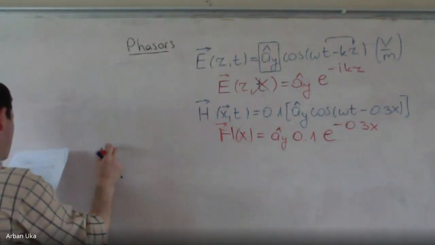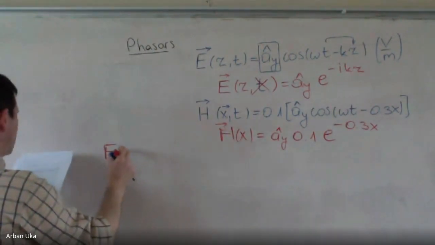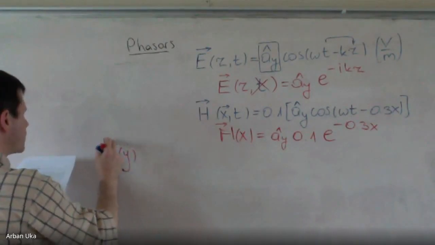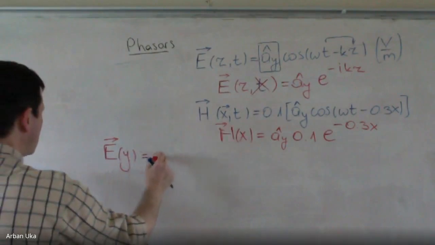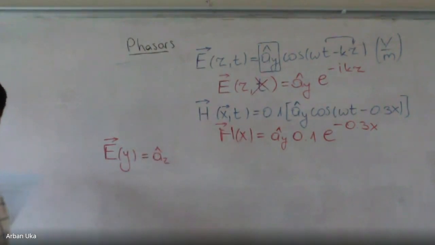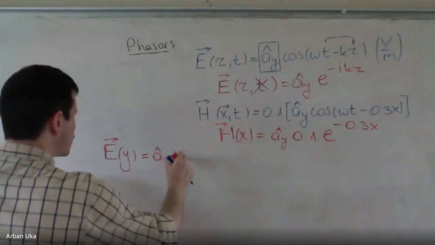Let's assume that we have an electric field now, which is a function of y. If this electric field is a function of y, this indicates that this is a phasor, so apparently it's not depending on time, or the time dependence is not shown.